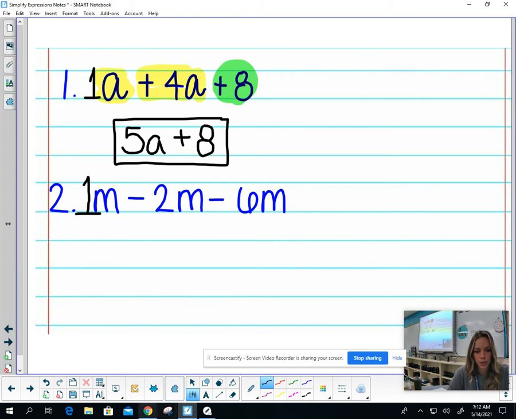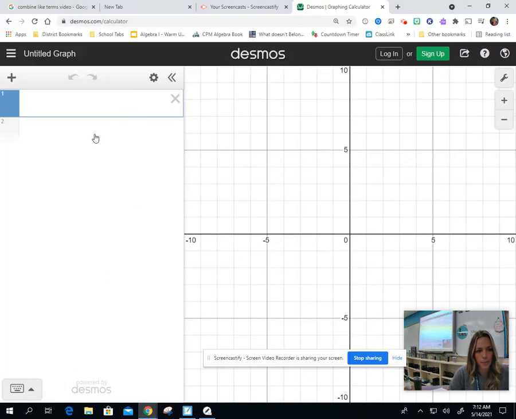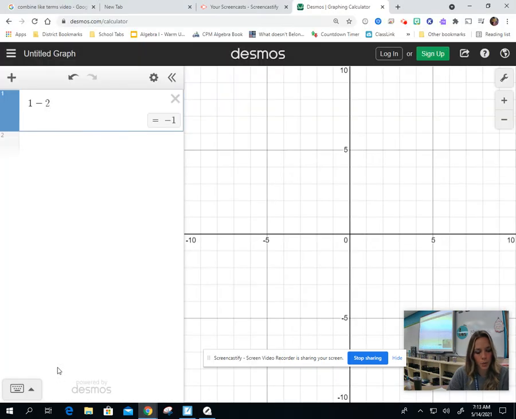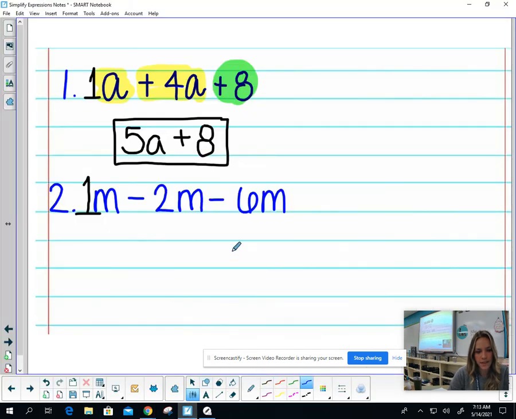So 1 minus 2, I'm going to type that in. 1 minus 2, negative 1. But I also have a negative 6, so I'm going to throw that in there. 1 minus 2 minus 6. So I have negative 7m. And that's our simplified expression.